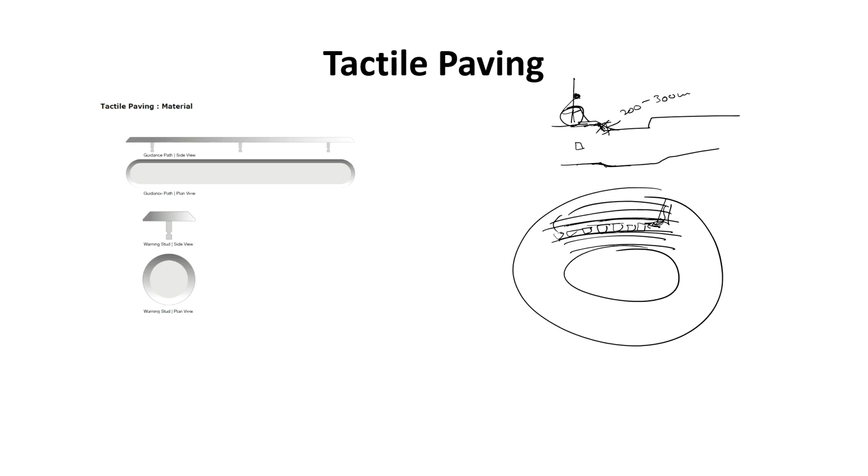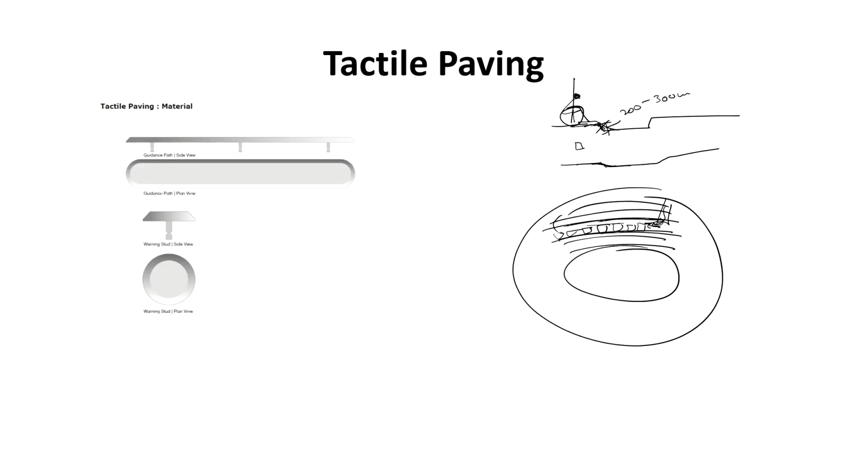Now, what are these warning signs, what are these guide rails? Whenever we put these signages, or when we see a tactile paving, everything has a meaning.